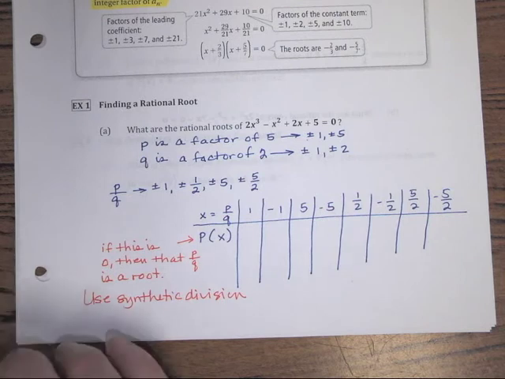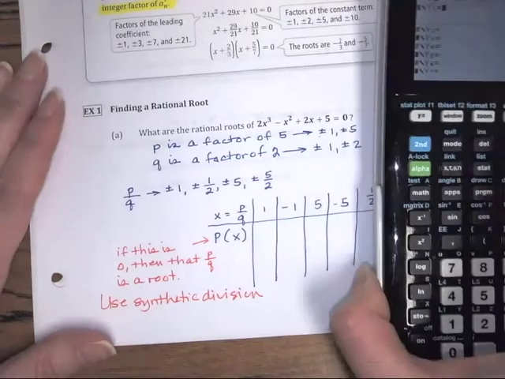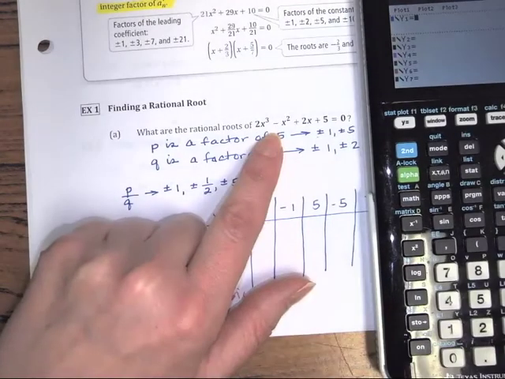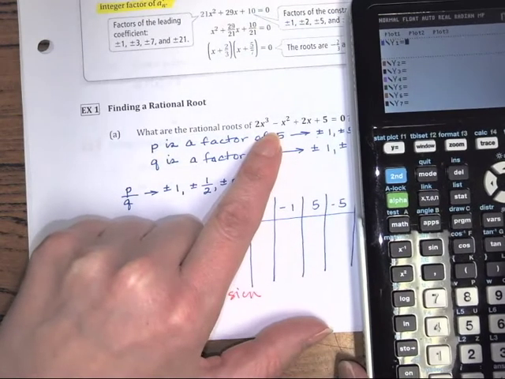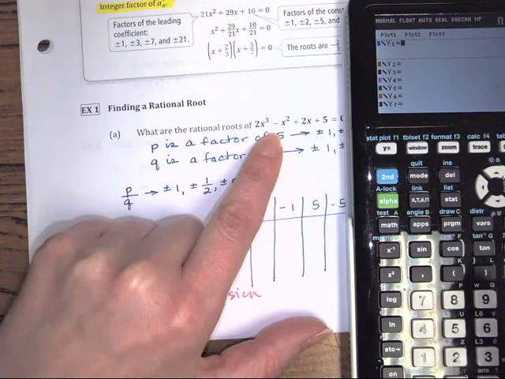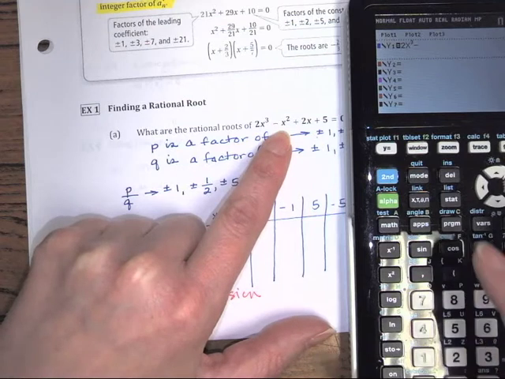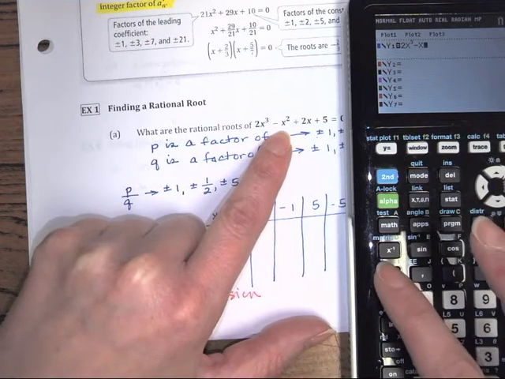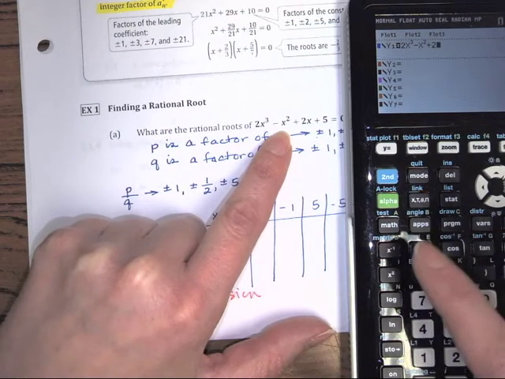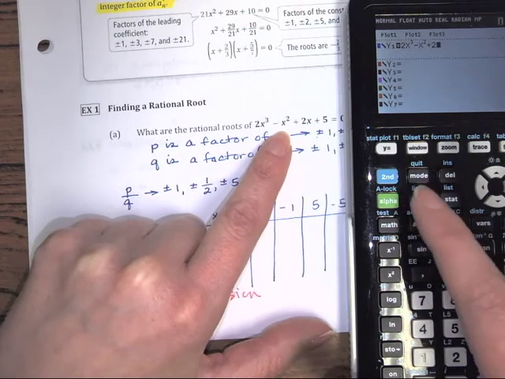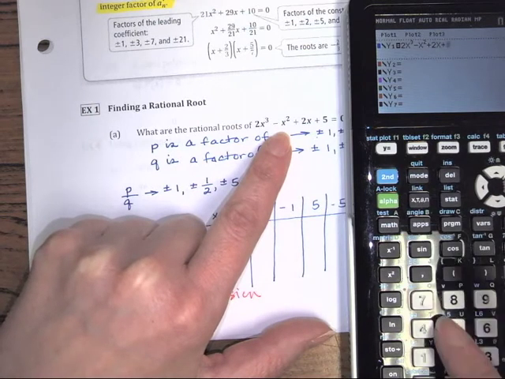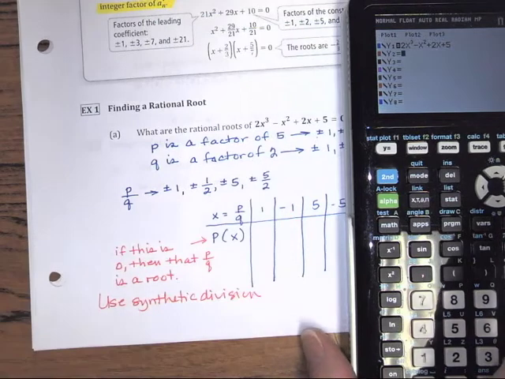So I'm going to go to y equals, and I'm going to put in this function. My function here is 2x raised to the third power minus x squared plus 2x plus 5. And I'm going to enter that.